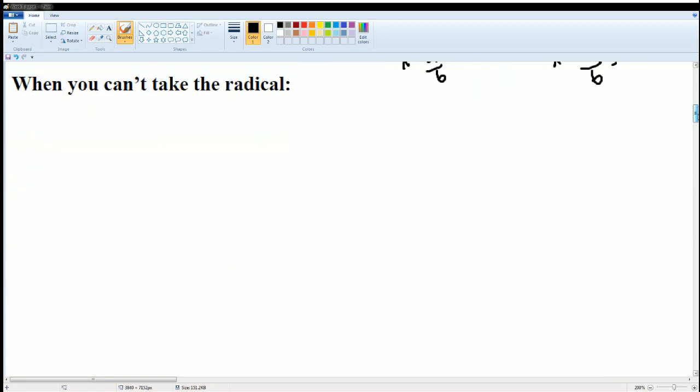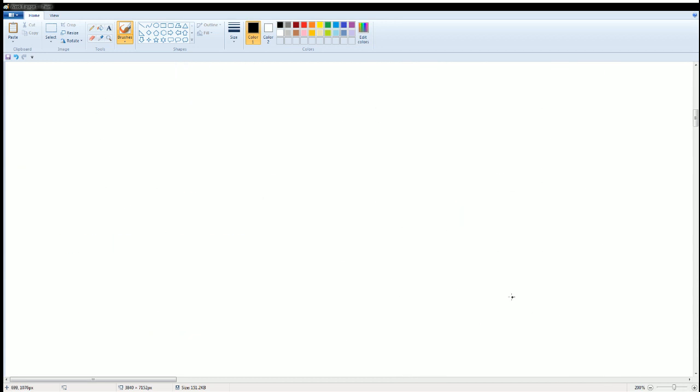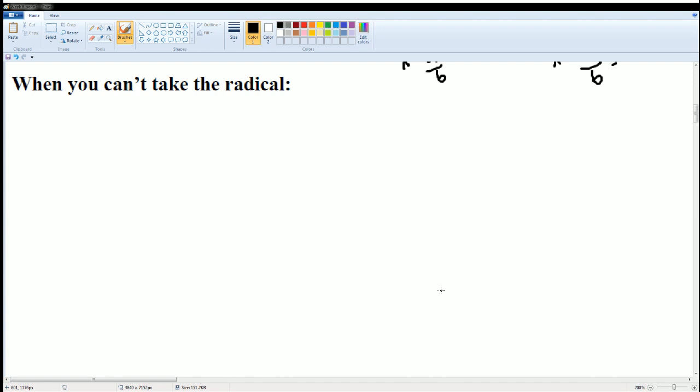Next, we are going to understand that sometimes you cannot take the radical. I would like you to notice something. Do you see that the square root of 121 is equal to 11 here? And this was easy. Sometimes it's not.